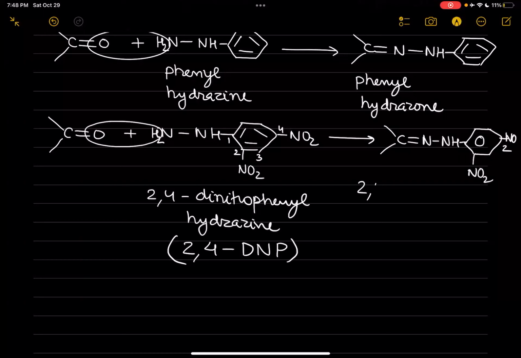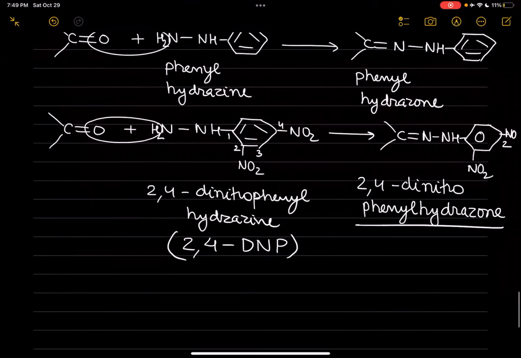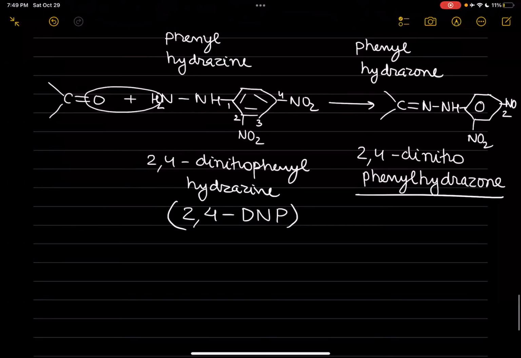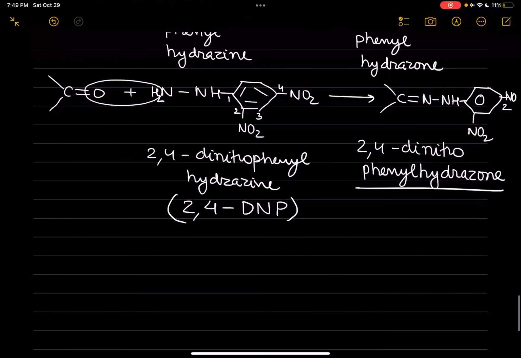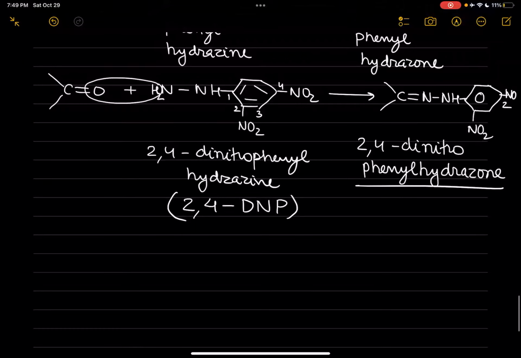And the product is going to be 2,4-dinitro. Clear? Yes.